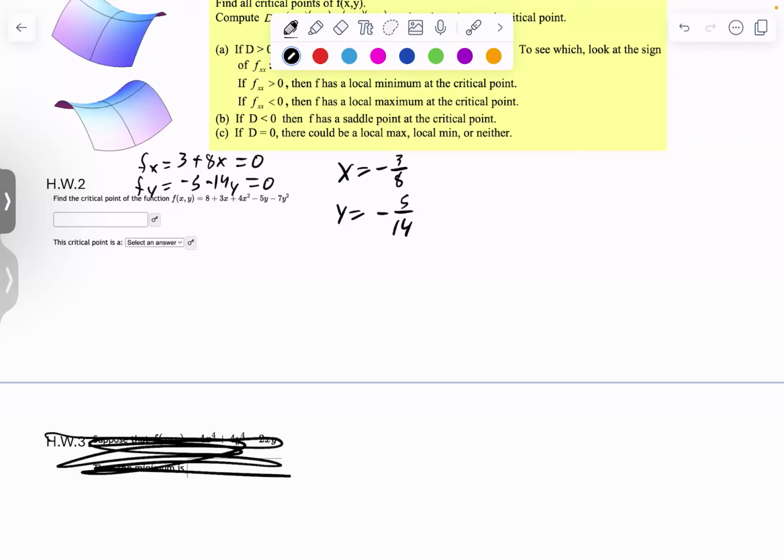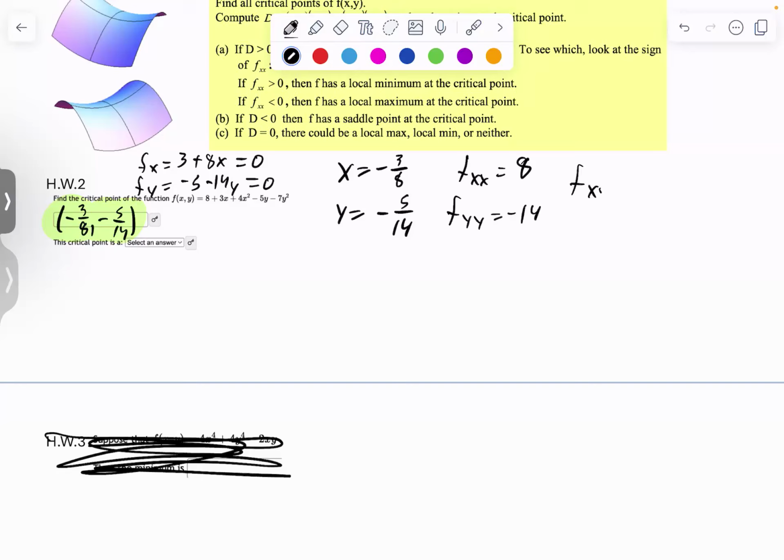That is it. And we're going to decide if the critical point is a saddle point or whatever. I'm going to note f sub xx, just to be clear, this is our solution here. But we are going to decide if it is a saddle point, a minimum, or a maximum. The derivative with respect to x, so I'm back at f sub x, the 3 goes away and I'm just left with the 8. f sub yy is going to be negative 14.